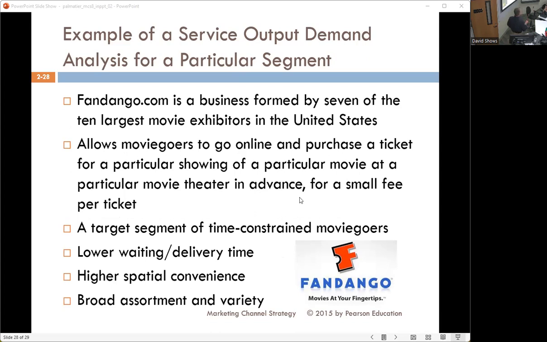These are individuals who did not want, or they wanted as low as possible, a delivery time and a waiting time. They are constrained by time. They like a higher spatial convenience. In other words, they want to give it to me, and a broad assortment of variety, because you can go on Fandango and shop for tickets in Concord as well as you can shop for them in Boom. And so this is an example how service output demand worked for a particular market segment, and it did it quite well. Okay.